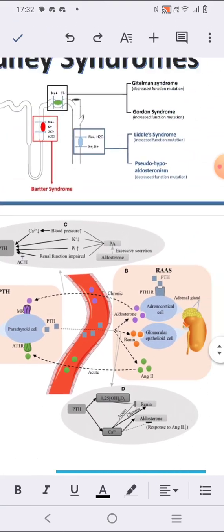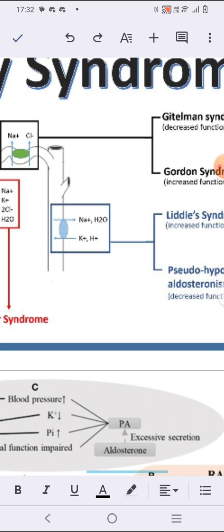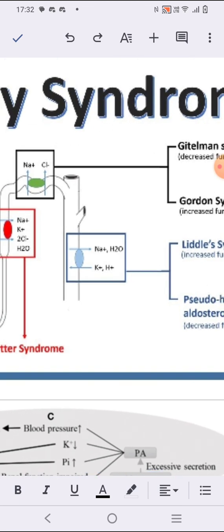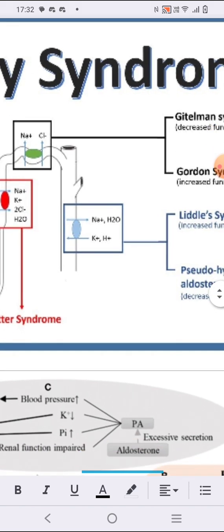And Liddle syndrome. Liddle syndrome is actually an activating mutation of ENaC channels on the collecting duct. So what it does is act like there's a lot of aldosterone, right? It makes pseudohyperaldosteronism, because it decreases potassium and increases everything else.